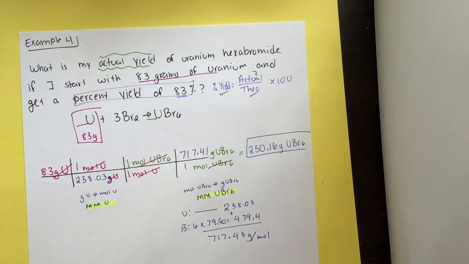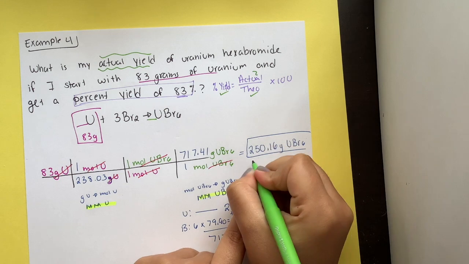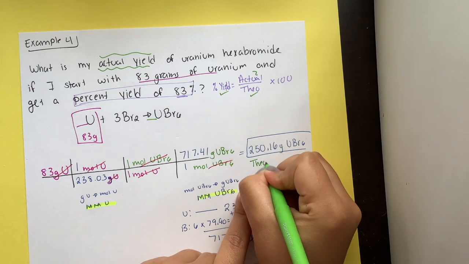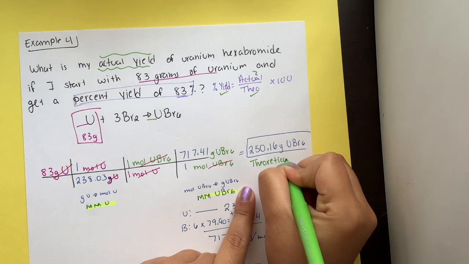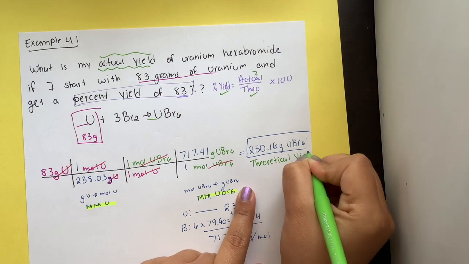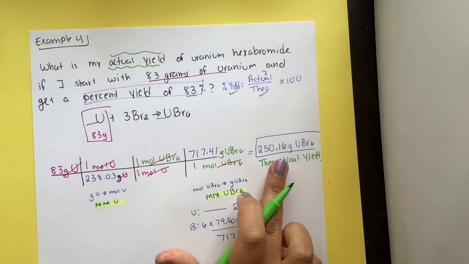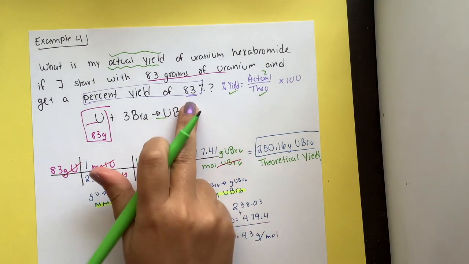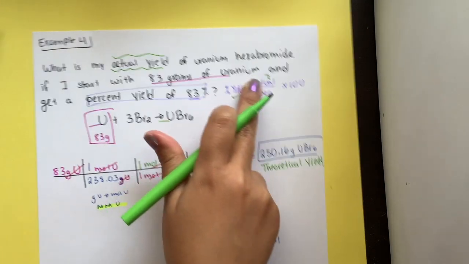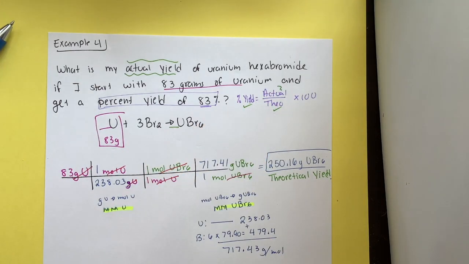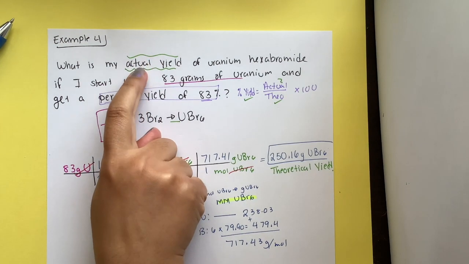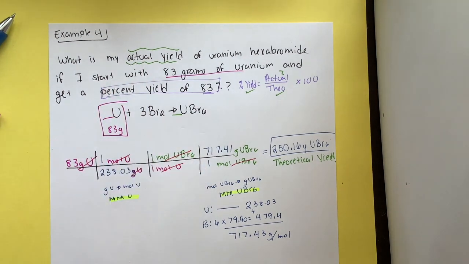So this right here is my theoretical yield. Now I'm going to get this value and this percent yield, and plug them into my formula to figure out what the question is actually asking me for, which is my actual yield.